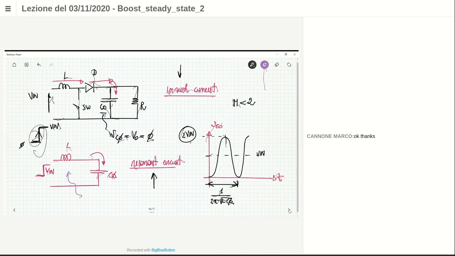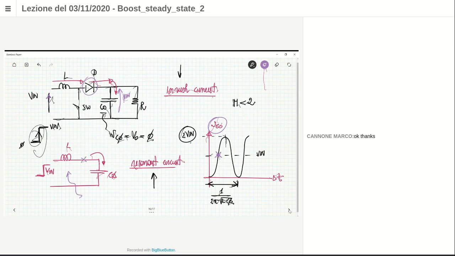For example, when the VC voltage reaches V in, what happens? The diode here becomes reverse biased, because the voltage V in, now at the cathode, is higher than the voltage you can have on the anode.